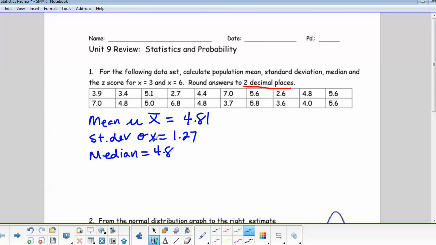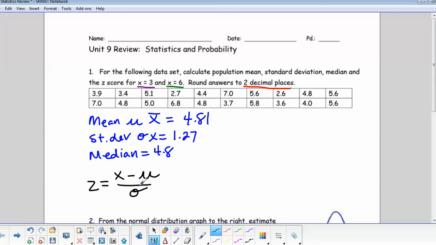Alright, and then we need to find 2 different z-scores. One for when x is 3, and another one for when x is 6. So let's do x is 3 first. Remember your z-score formula is z equals x minus the mean over the standard deviation. The z-score tells you how far above or below the mean a data point is.